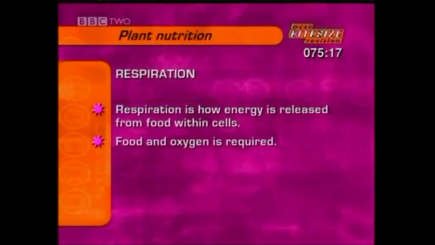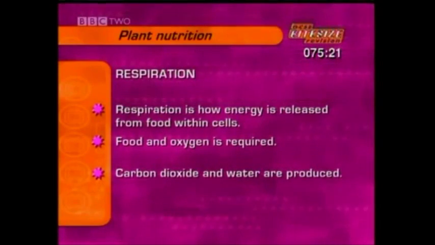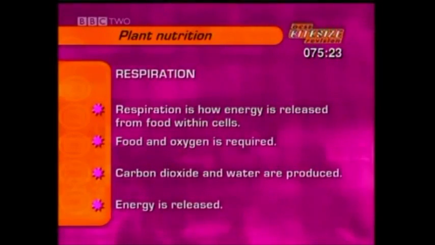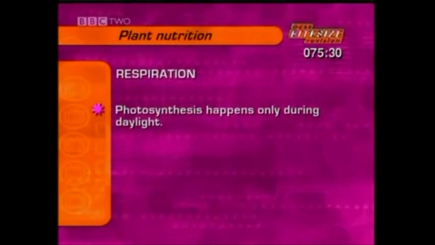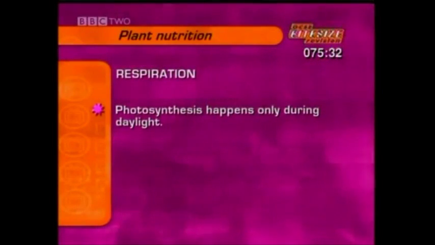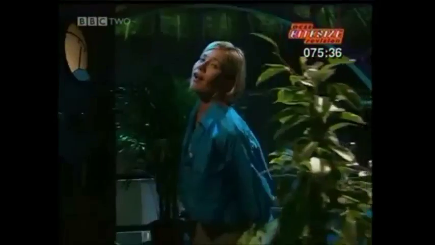Both food and oxygen are required for respiration, and carbon dioxide and water are produced. At the same time, energy is released. While green plants can only photosynthesize during daylight hours because they need sunlight, they can respire 24 hours a day. The next clip proves it.